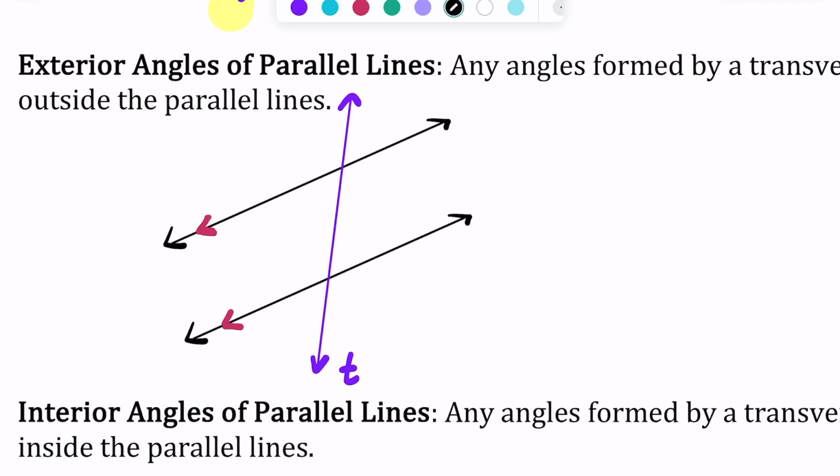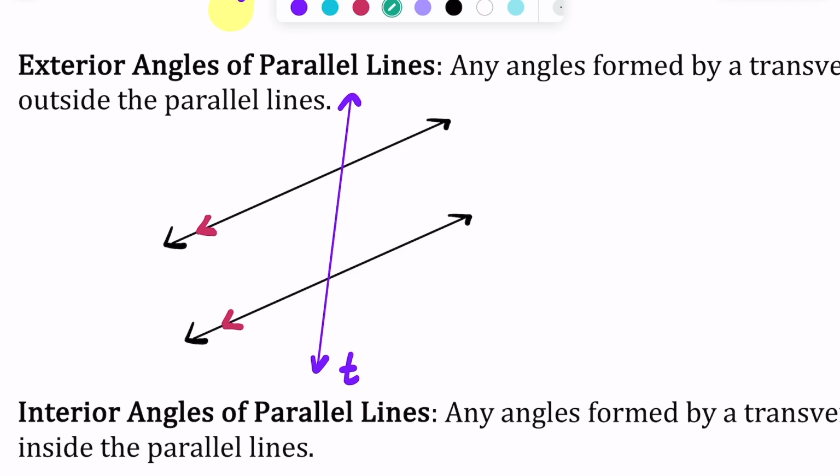So I'm visualizing these 2 parallel lines as the buns of my sandwich or my burger or whatever I'm eating. And when I talk about interior angles or exterior angles, I'm talking about the ones inside my sandwich, so between the buns, or the ones outside my sandwich, so above or below the buns.